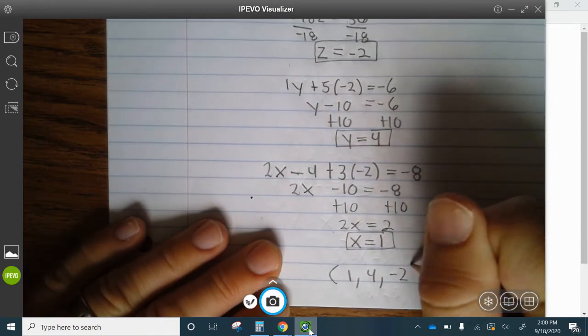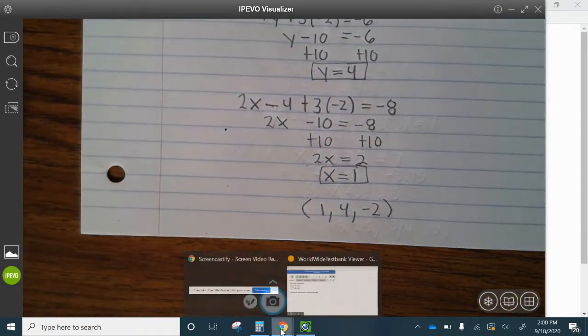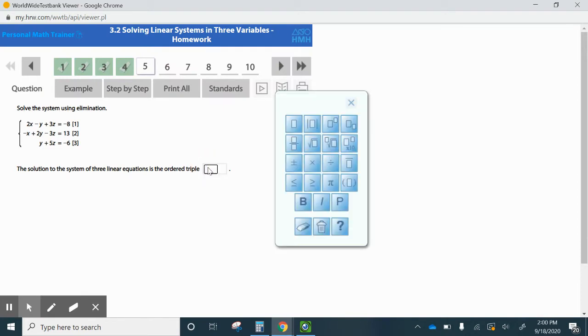All right. Number 6, it says solve the system using matrices, okay? So let's go ahead and do that.